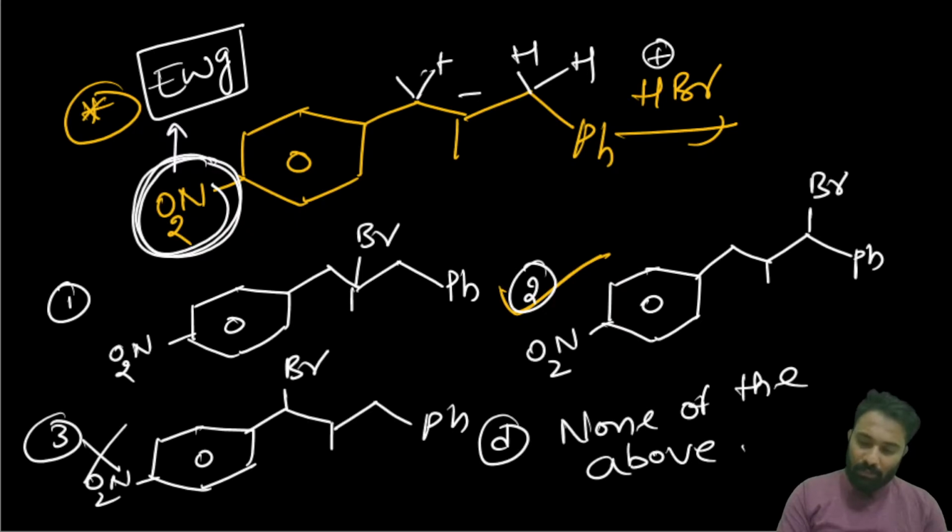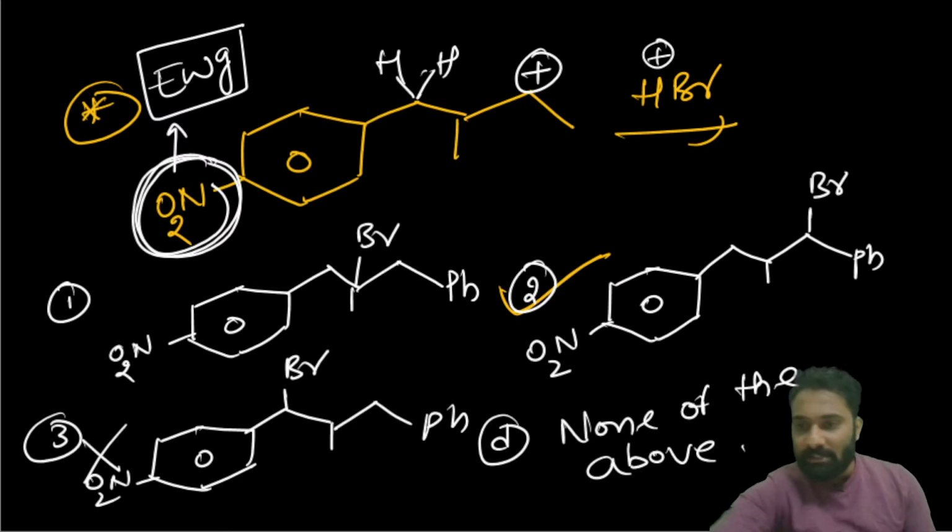Now the 1,2 hydride shift will happen from this carbon. When this 1,2 hydride shift has happened from this carbon, this carbon will get the positive charge here. Now this positive charge is stabilized by the benzene ring. This is phenyl.